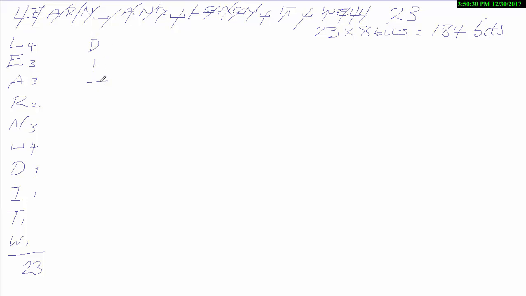D, I, T, W, followed by the next one, which is, yep, R. And then we have a couple of 3s there, so put those in. And a couple of 4s. And that is the queue that's been built.